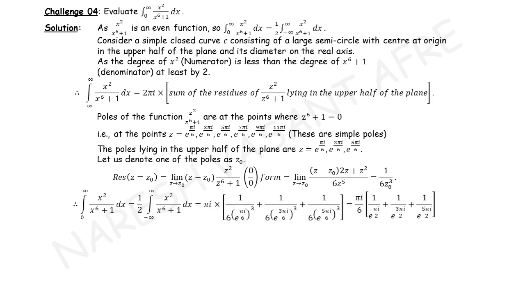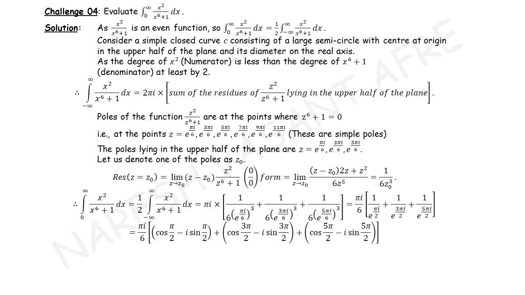So this integral from 0 to infinity of x square by x raised to 6 plus 1 dx will be half times the integral from minus infinity to infinity of x square by x raised to 6 plus 1 dx, which will be pi i into, you can see that z0 is different, so we'll add all three. So we'll get pi i by 6 multiplied by 1 by e raised to pi i by 2 plus 1 by e raised to 3 pi i by 2 plus 1 by e raised to 5 pi i by 2.